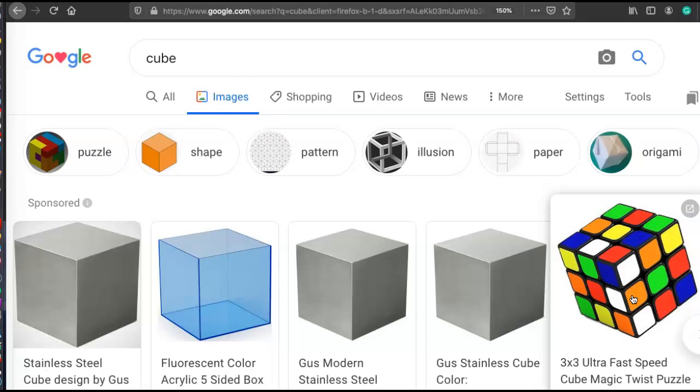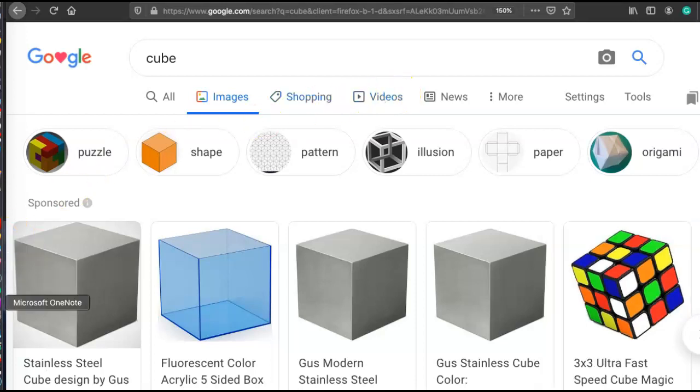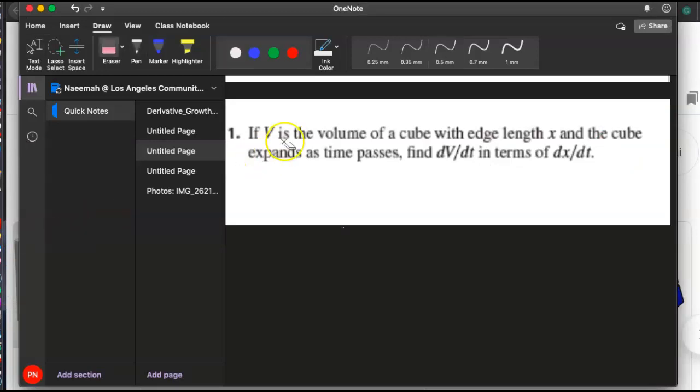So when you're talking about a three-dimensional figure, what are we talking about? We're talking about its volume. So the volume is going to equal x to the third power. And if we are finding dV/dt, then we're going to take the derivative.